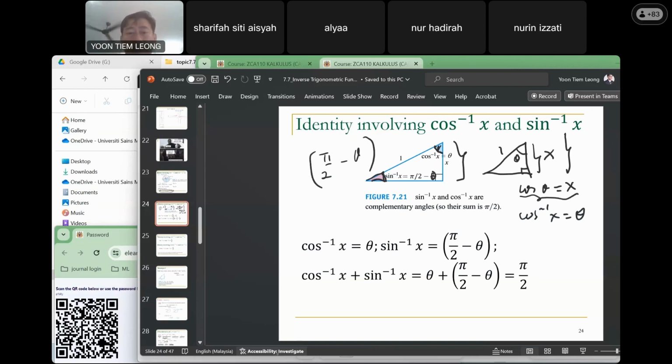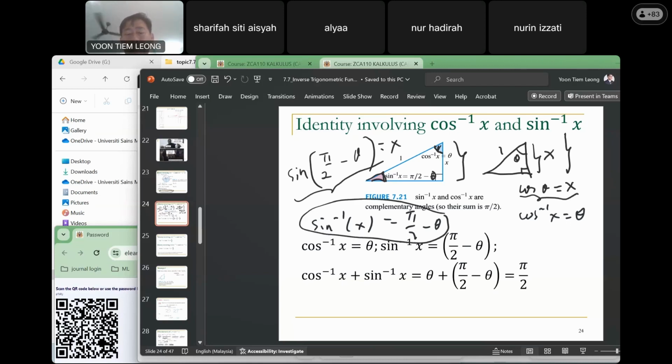When you take the sine, you also get x. So sine of this angle is x. Then when you rewrite this in terms of arcsine, arcsine of x is equal to pi over 2 minus theta. So you have this relationship of x and theta in terms of arcsine, and you have this very simple relationship between arccos and theta.